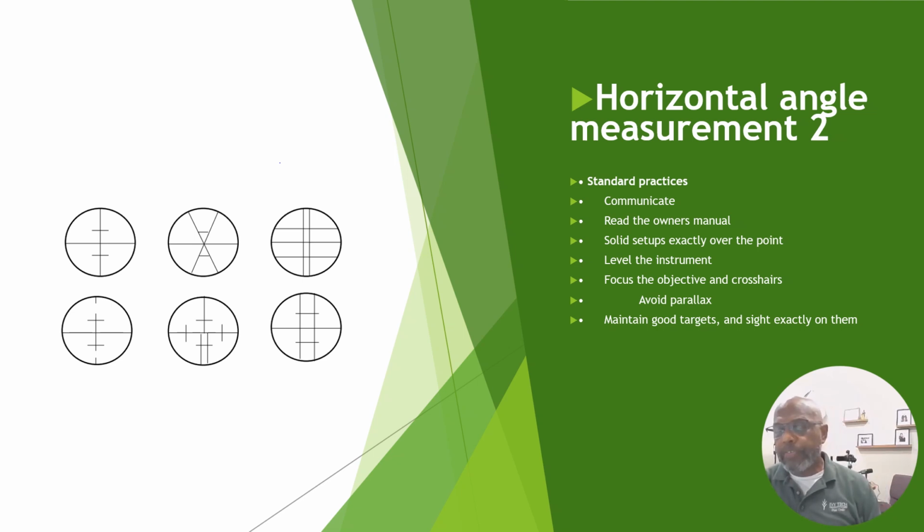Focusing on the object for each shot is necessary. In other words, you make one point, then you change it, and you refocus again, since the distance of each shot will more than likely be different. Even if you're doing a reverse and just checking it, you could be off.